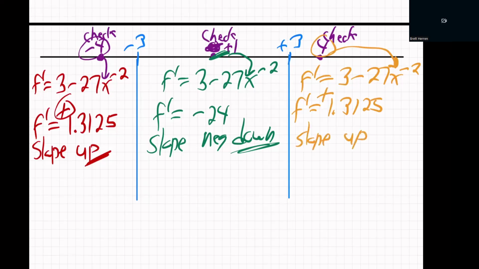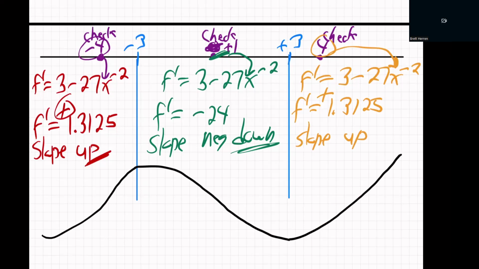Okay, so what have we discovered then? This graph must be going up in this section, down in this section, up in this section. It's got to be, right? It's going up, down, up. So that makes this point right here a local max.